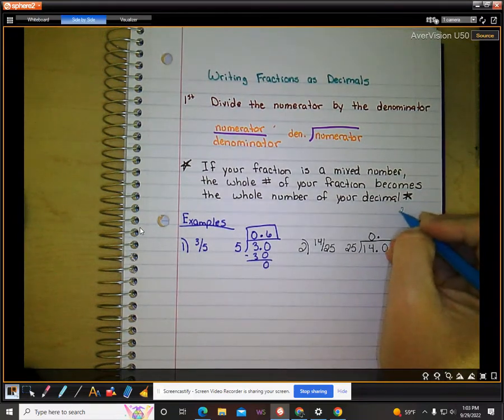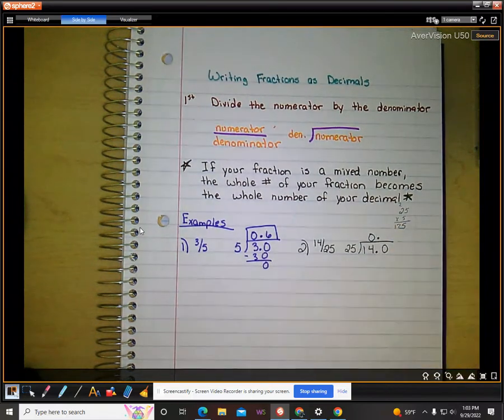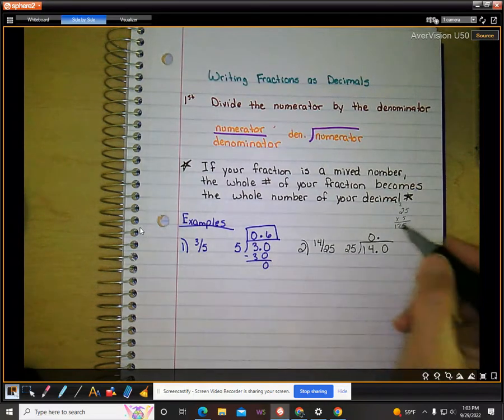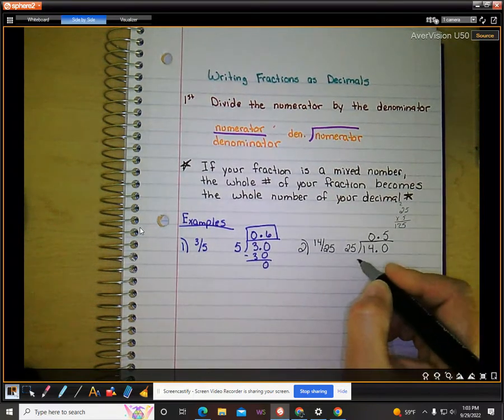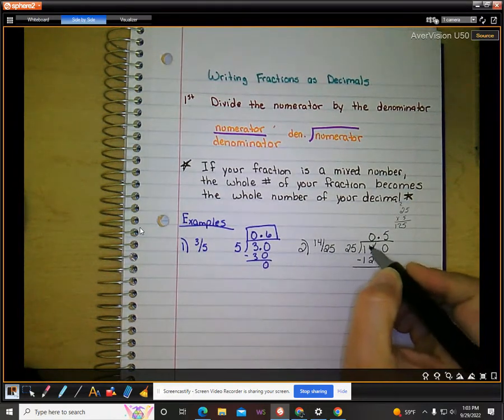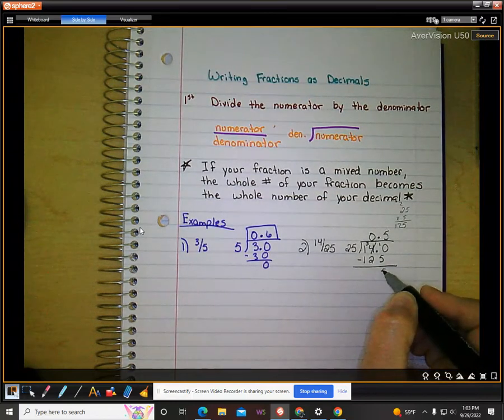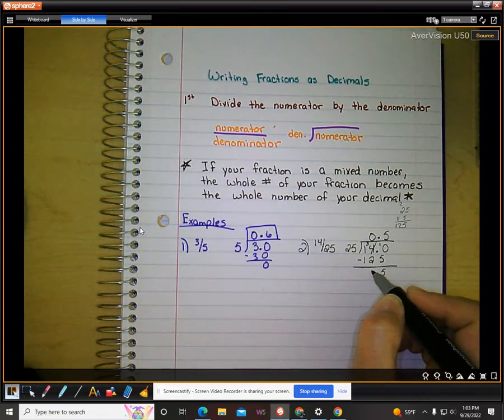So if we take 25 times 5, we get 125. Okay? If you add 25 more, that's too much. So it would go 5 times, subtracting 125. This is just normal division that we've been doing the last several weeks. 10 minus 5 and 3 minus 2.